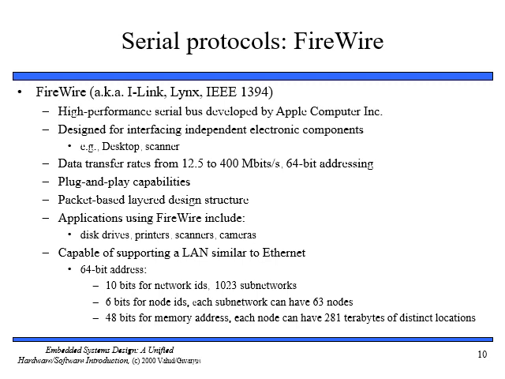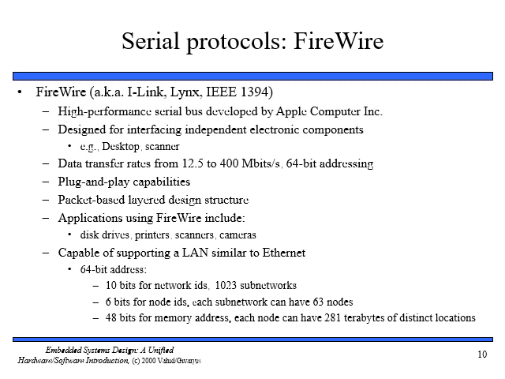It has plug-and-play capabilities and a packet-based layered design structure. Applications using FireWire include disk drives, printers, scanners, cameras, and it is capable of supporting a LAN similar to Ethernet. So this protocol can also support LAN.